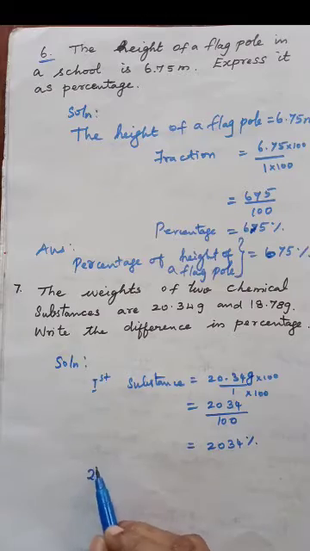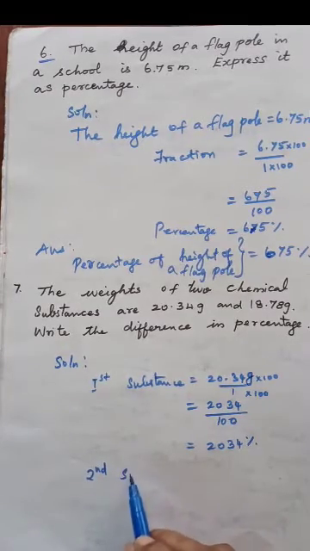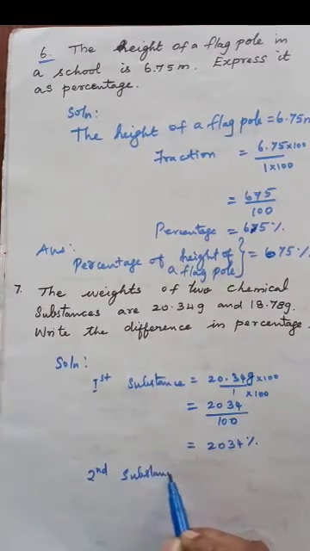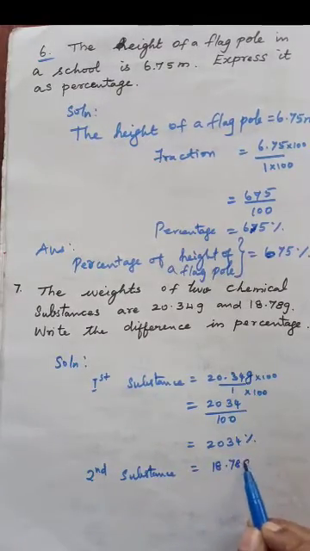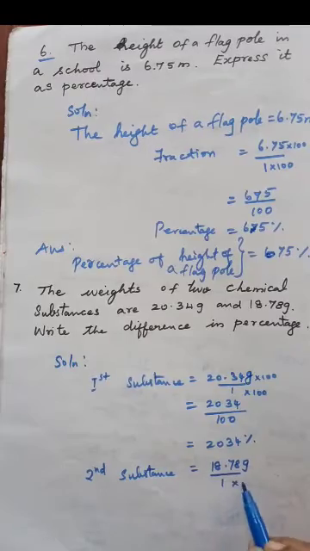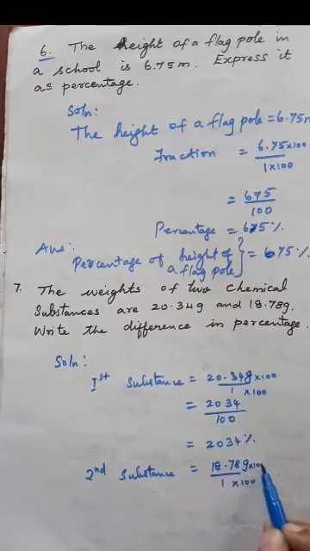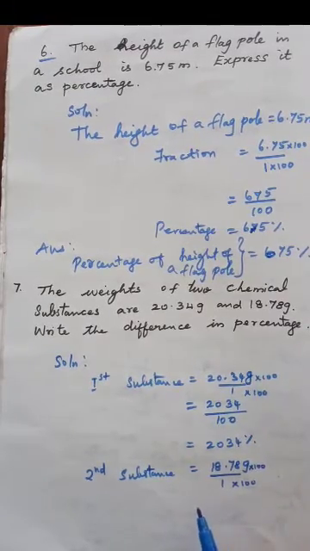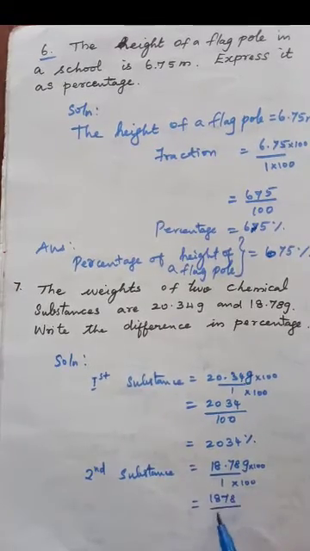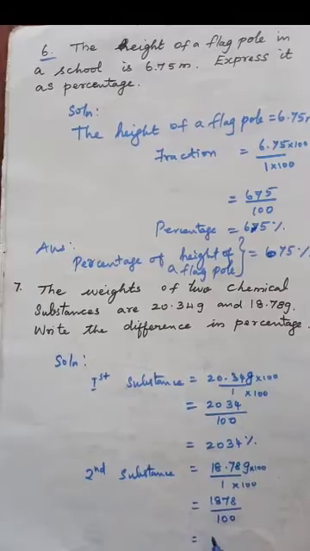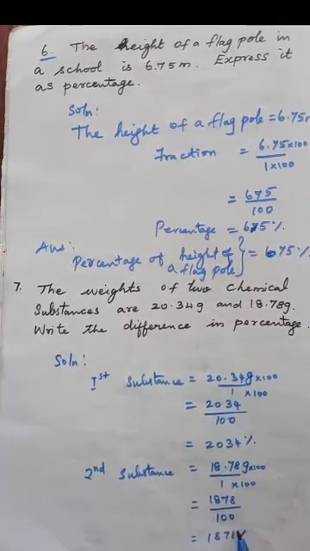Then the second substance is equal to 18.78 gram. Here also you have to change this to percentage. So you multiply both numerator and denominator by 100. Then it will come as 1878 by 100. Now the percentage is 1878 percentage.